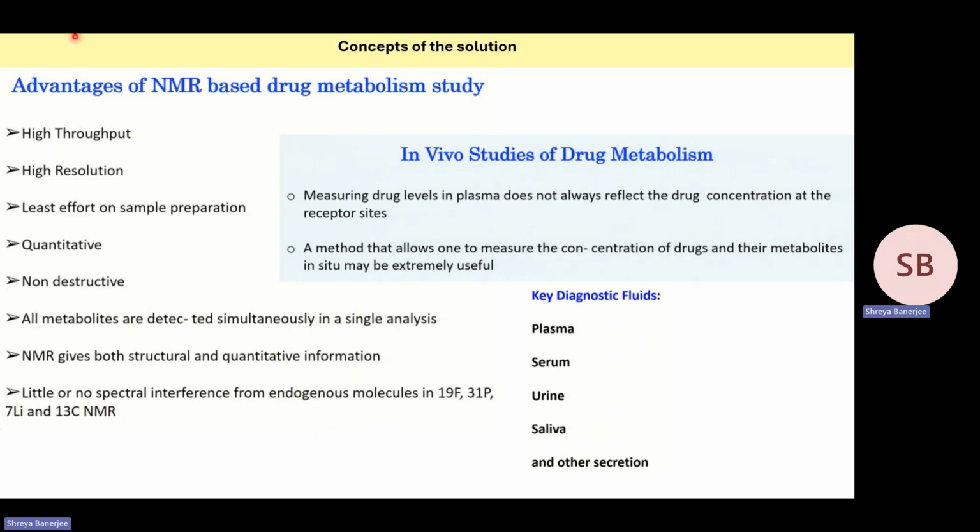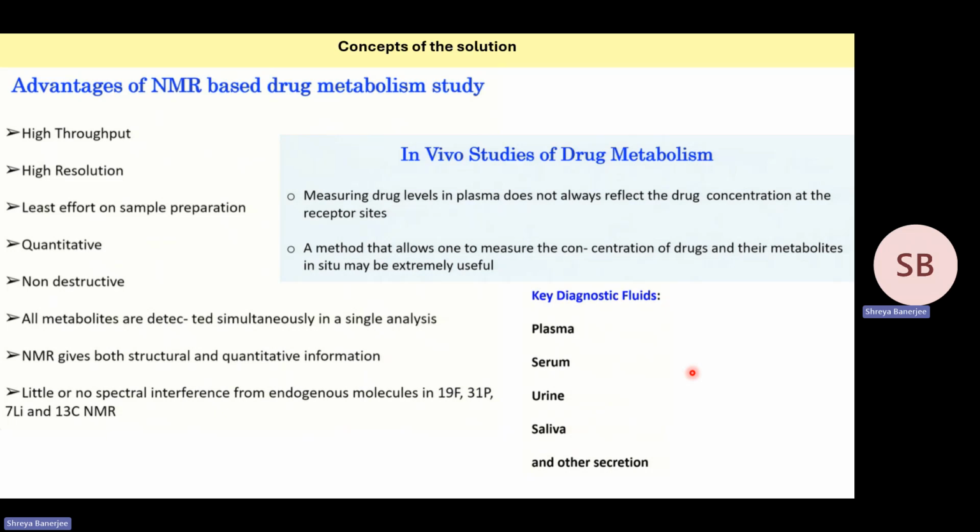So there are several advantages of NMR, whether in vitro or in vivo. In vitro basically includes fluids like plasma, serum, urine, saliva, or other secretions. But the problem with in vitro is that it is indirectly measuring the concentration of the drug.